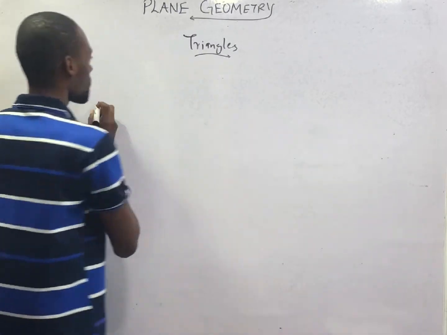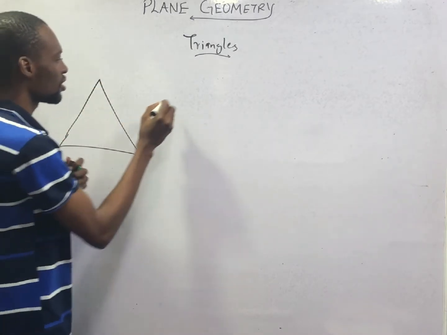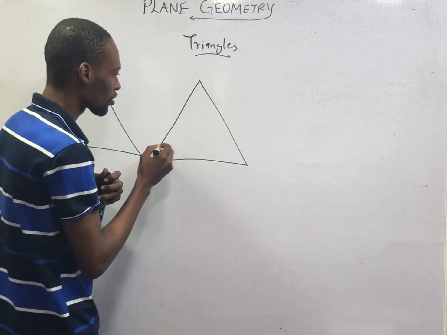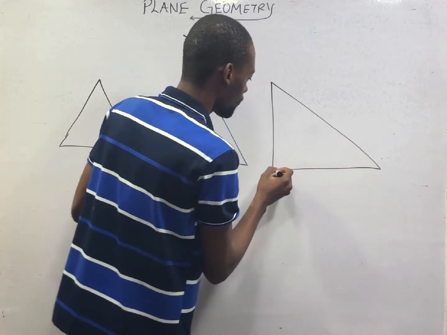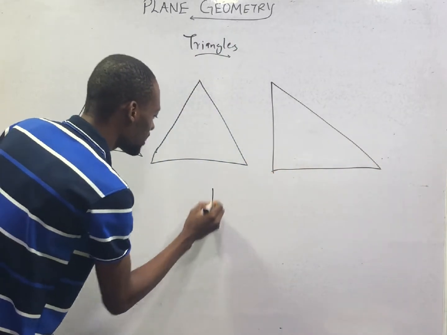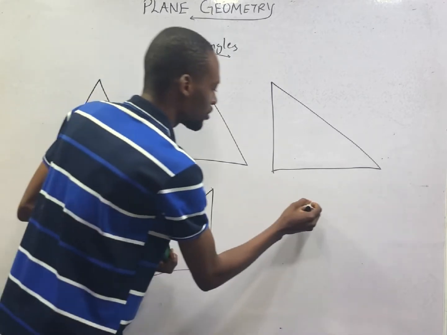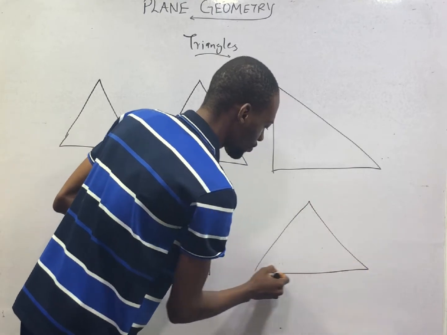For example, if I give you something like this, something like this, something like this, something like this.